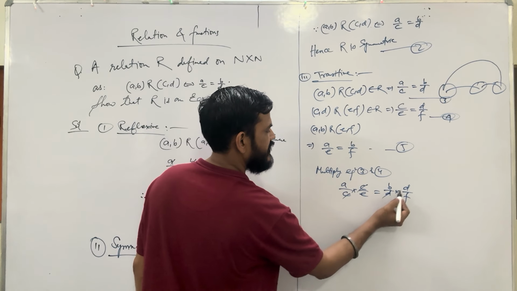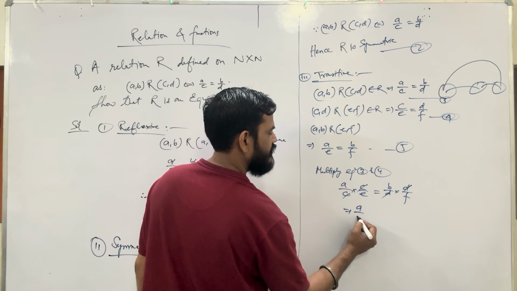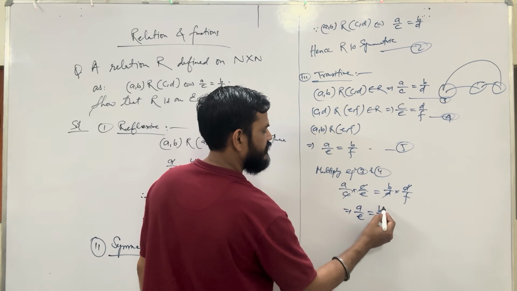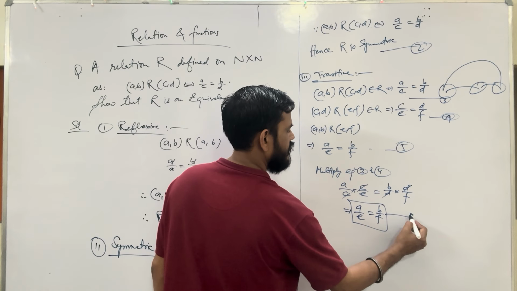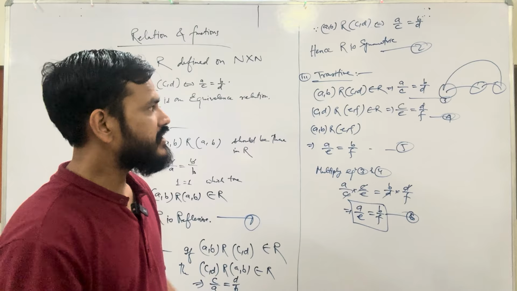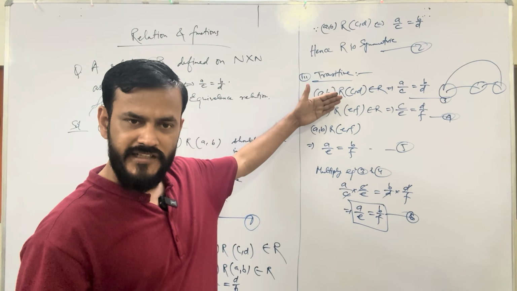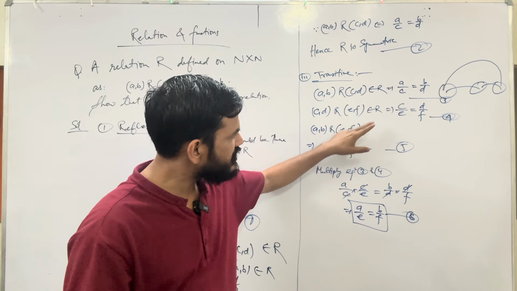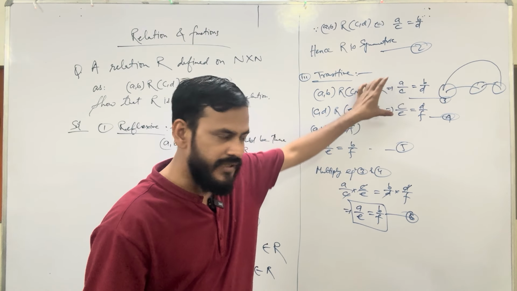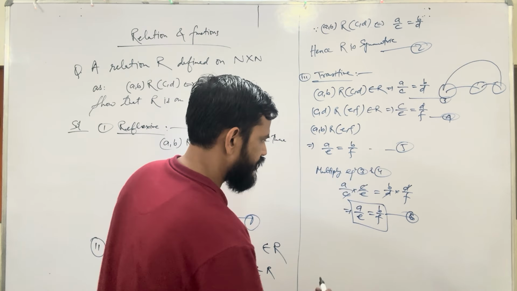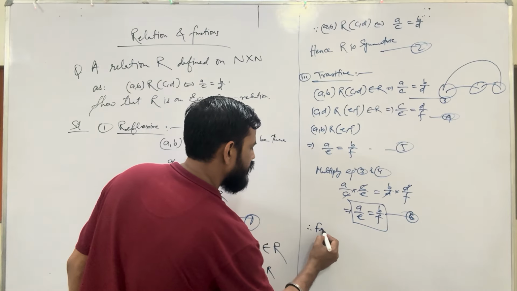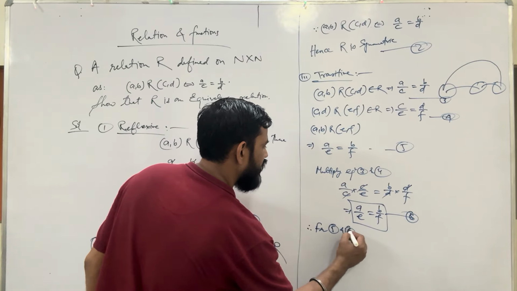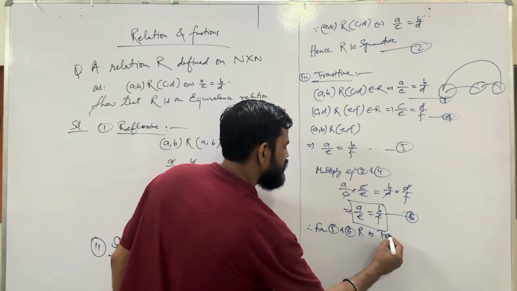So you see, c gets cancelled, d gets cancelled. What we get? a/e equal to b/f, which is true, right? Since these two relations are already there, we need to prove the third relation of transitivity. We get this third relation from the given two relations. That means this is true. Therefore, from 5 and 6, R is transitive.